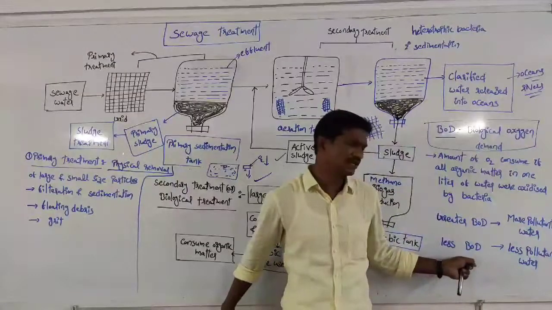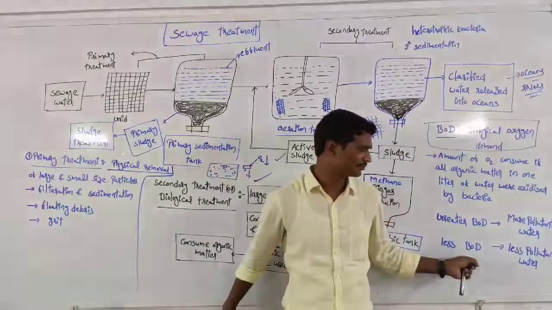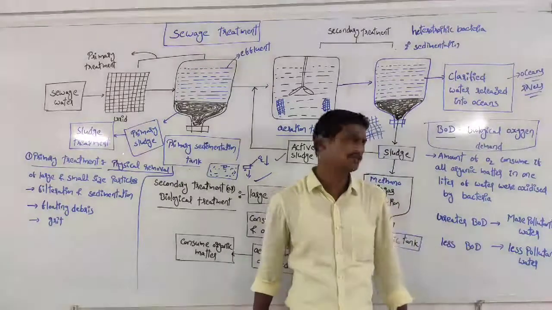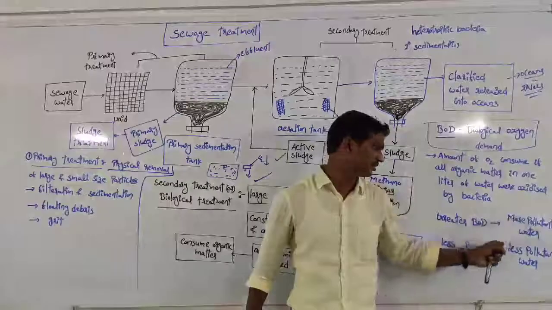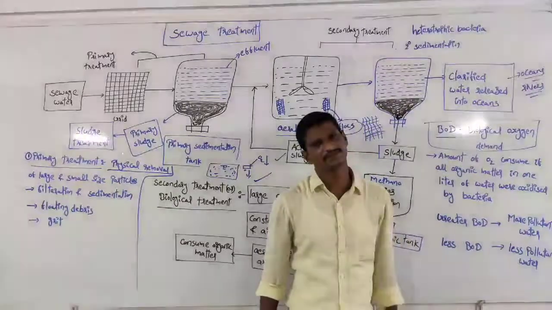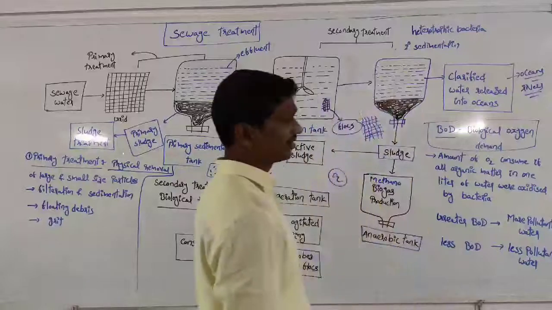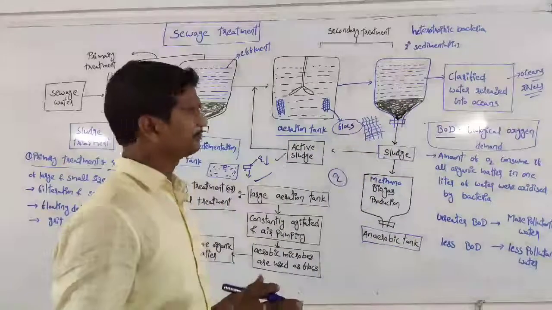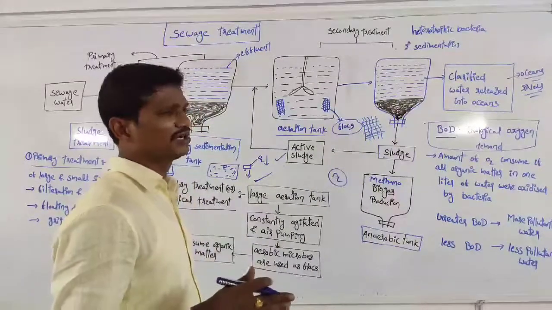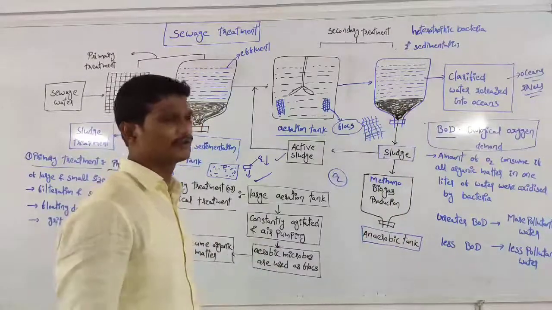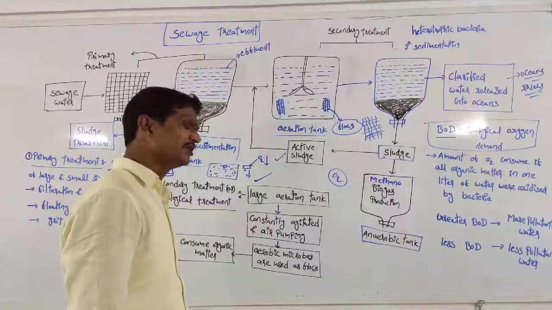If the water gives a low BOD value, that one is less polluted. More BOD, more polluted. Less BOD, less polluted. Okay? So that is the role of BOD, which indirectly measures the water quality by the BOD values. Right?